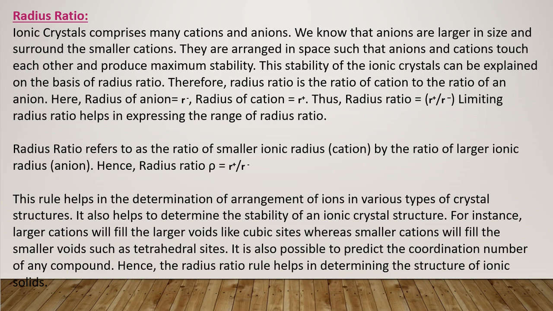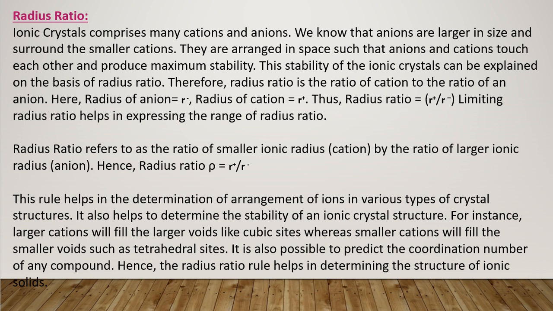So, what is the proper definition of radius ratio? The ratio of the radius of the cation to the radius of the anion is known as the radius ratio, or it can also be defined as the ratio of the smaller ionic radius to the larger ionic radius. Okay, now the formula is r plus divided by r minus.